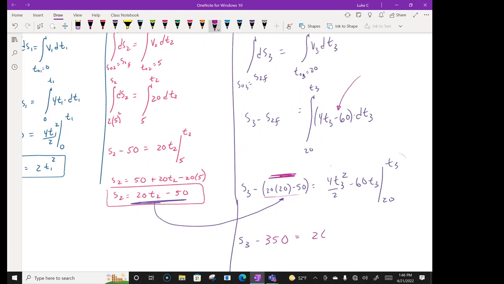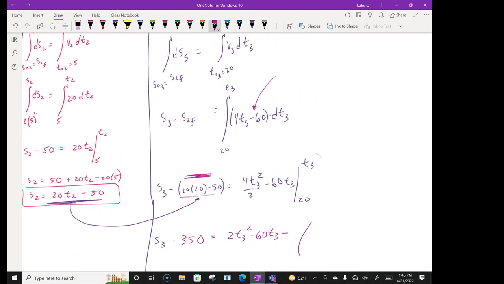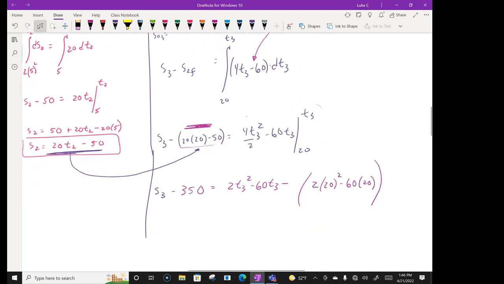And then this is 2T3 squared minus 60T3. All subtract 2 times 20 squared minus 60 times 20. Now, I don't know that number. Yeah, 800 minus 1200, or minus 400.